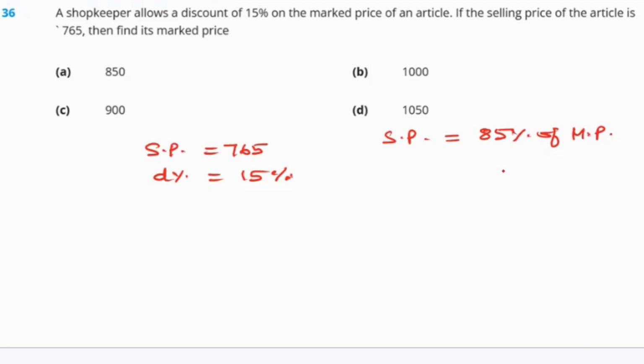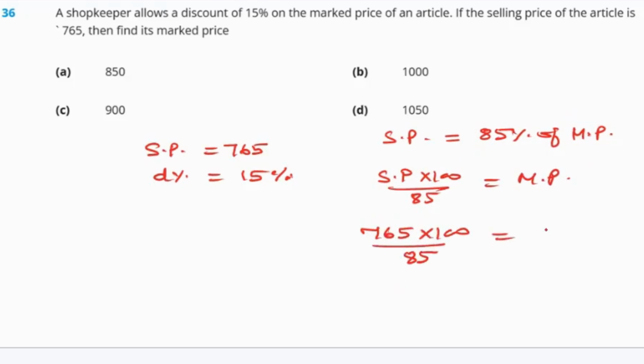Correct? So mark price will be what? Mark price will be selling price, and we need to solve it in that, so that will equals to the mark price. Selling price is 765. 765 times 100 by 85 we need to solve to get the mark price, and when we are solving it, so we will be getting 900.